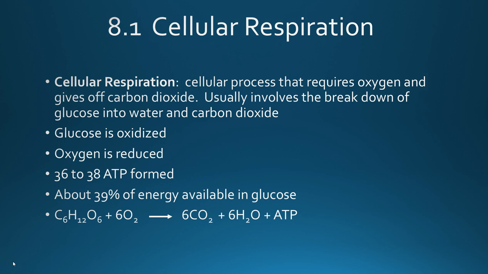That means that about 39% of the energy available in glucose is being taken out. It's about 39% efficient. If we look at a car, it only uses about 20 to 30% of the energy available in its fuel. So you are more efficient than a car.